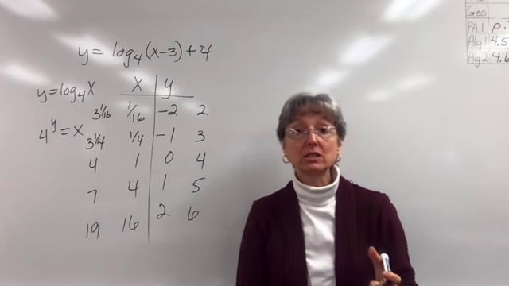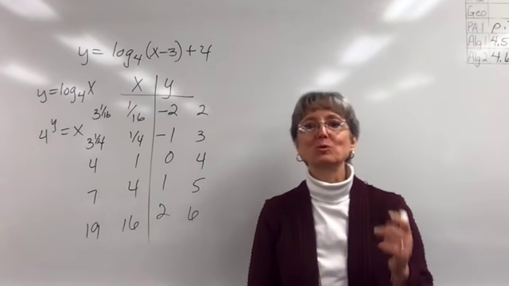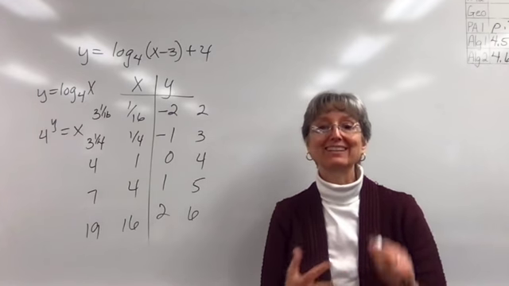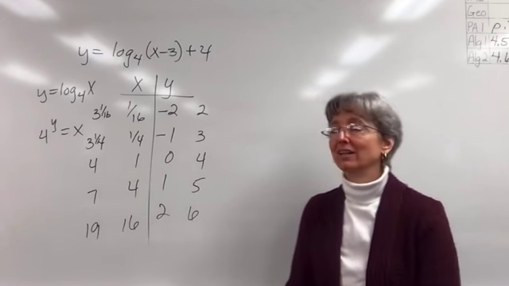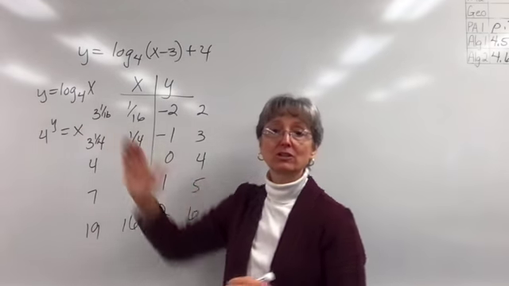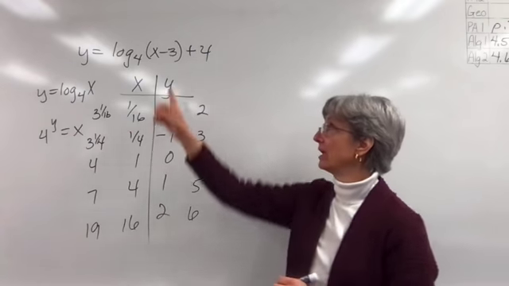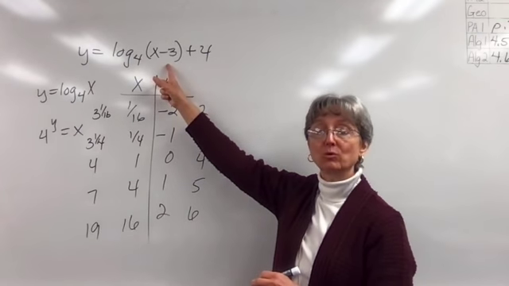Now the question is, what does that do to the asymptote, the domain, and the range? In this parent function, your vertical asymptote would be x equals 0. This is going to shift that to the right 3.